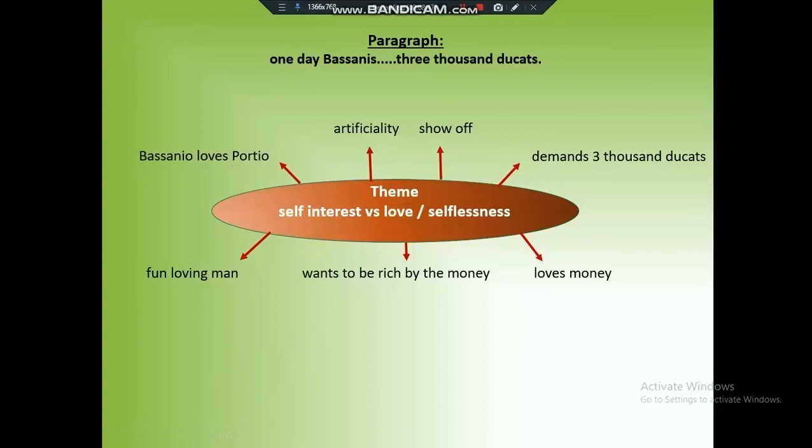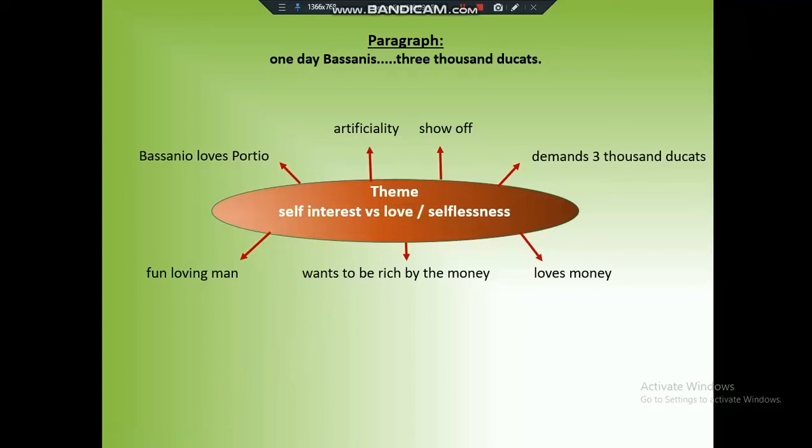Ducats is a currency; at that time, this word was used for coins. So what I think is that Bassanio, for his own interest to marry Portia, should not have demanded 3,000 ducats from Antonio. And he knew that Antonio did not have money at that time because he lost his ships.